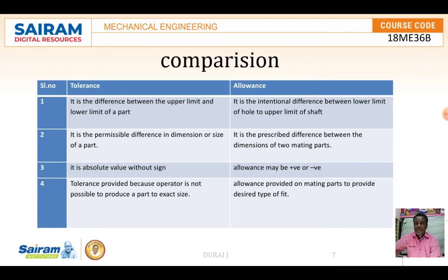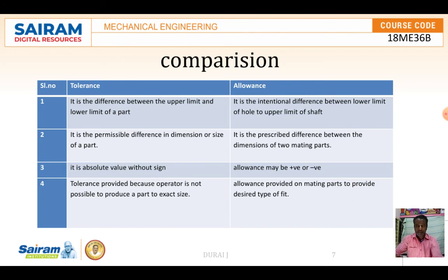Then comes the comparison between the allowance and the tolerance. The tolerance means the difference between upper limit and lower limit. But the allowance is the difference between the hole size and the shaft size, that means the lower limit of the hole as well as the upper limit of the shaft.